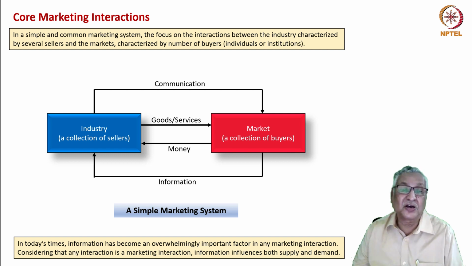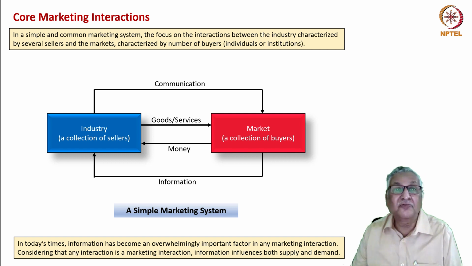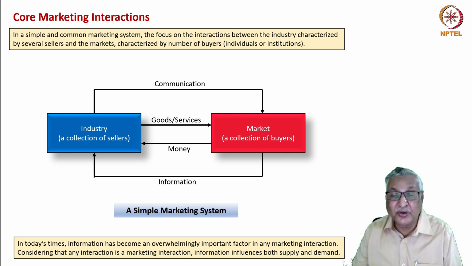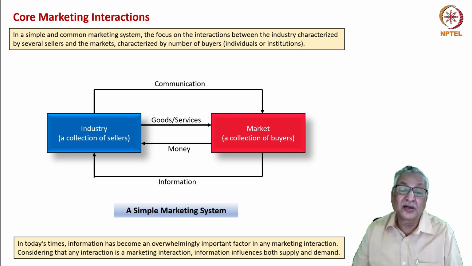Now, the interactions are in terms of the communication, the goods and services provided, the money that is received, and the information that is exchanged. Without information being transparent and communicated, the market cannot understand what the industry offers. Similarly, without information, an industry cannot understand what the market needs. The communication medium for the information is extremely important.